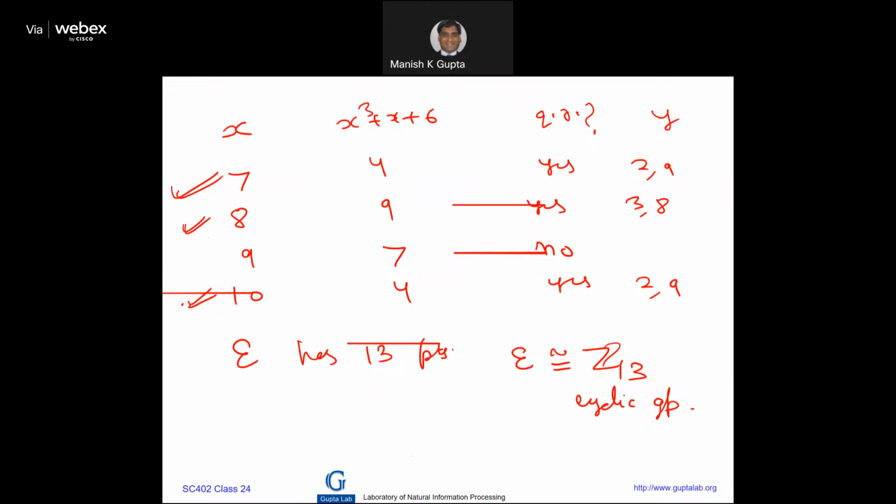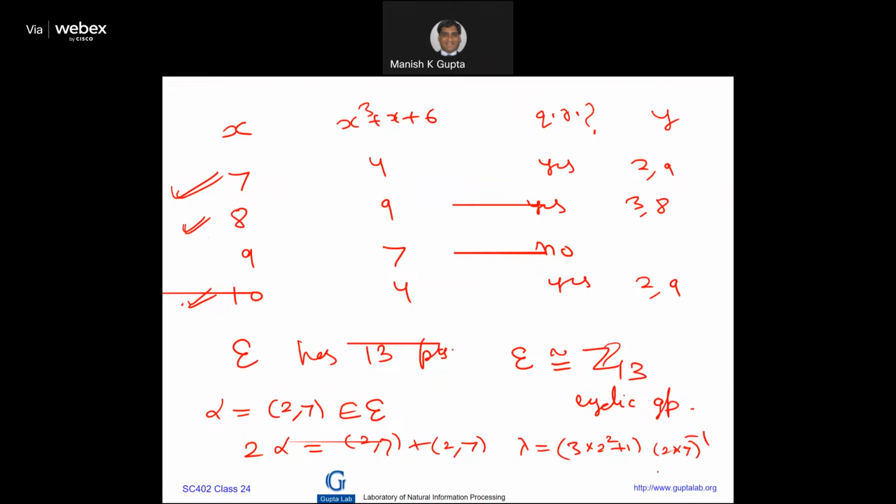So let me do some calculations for you. If I take alpha equal to 2 comma 7 on this elliptic curve, what is 2 alpha? 2 comma 7 plus 2 comma 7. So I can compute the value of lambda from the previous calculations. It will be 3 into 2 square plus 1, times the inverse of 2 into 7, mod 11.